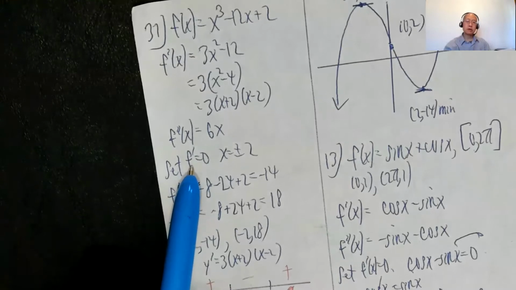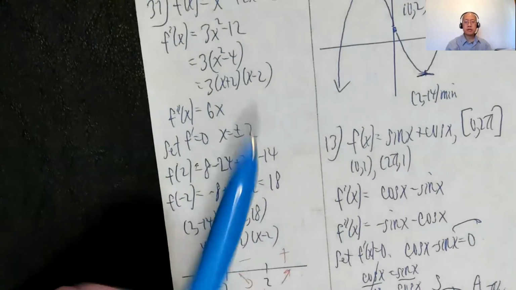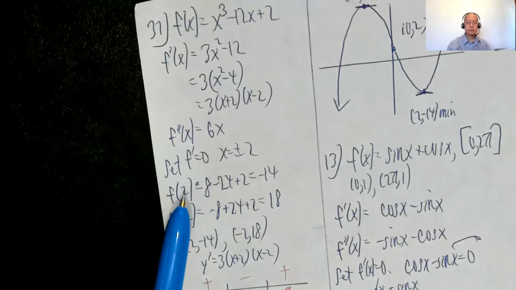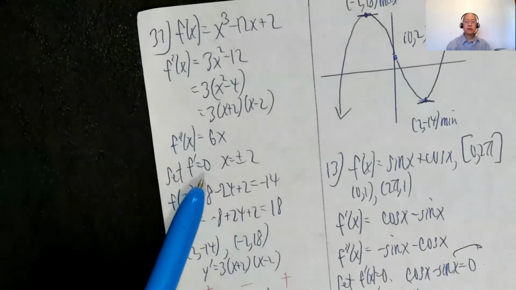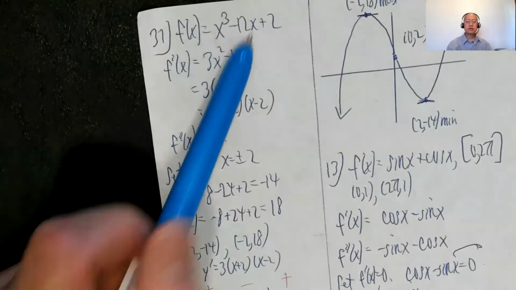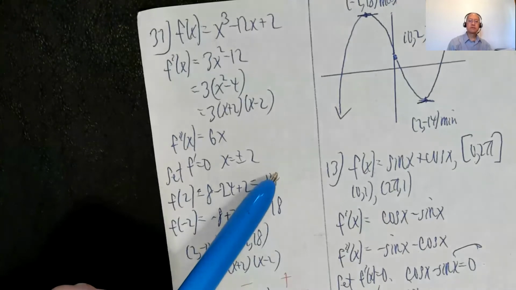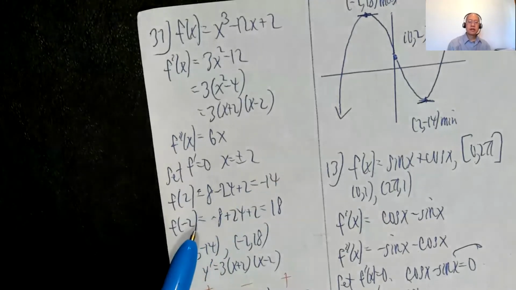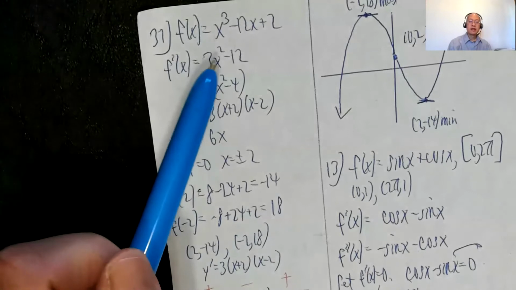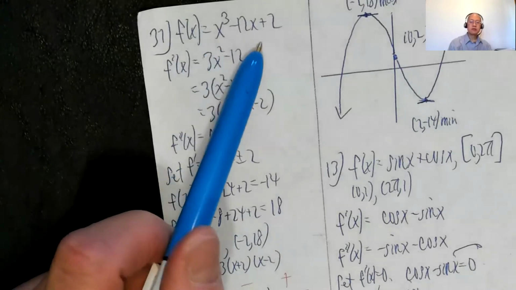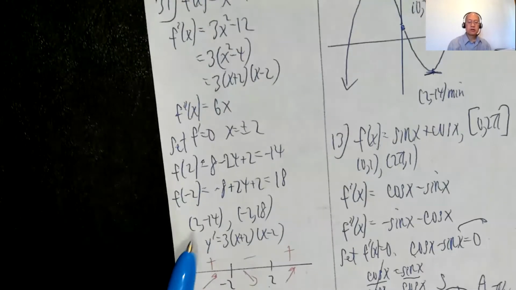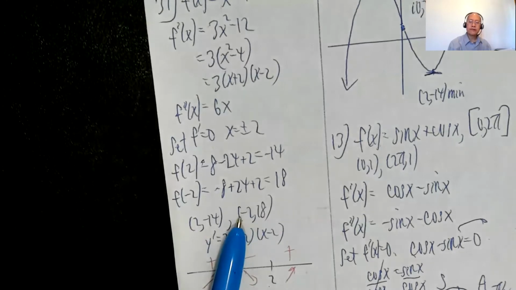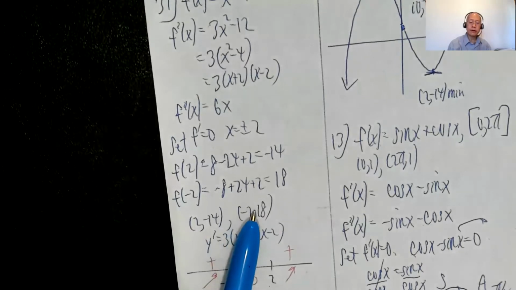Set f prime equal to 0: x equals plus or minus 2. Plug in 2: 8 minus 24 plus 2, -14. Plug in -2: -8 plus 24 plus 2, 18. So (2, -14) and (-2, 18) are my critical points.